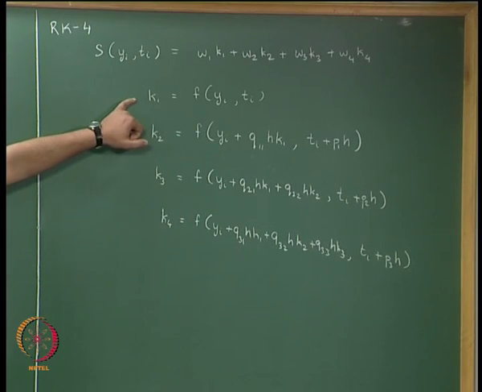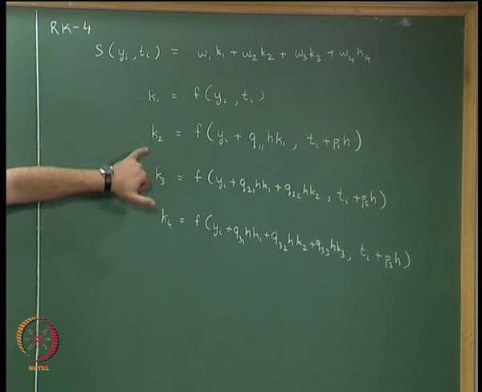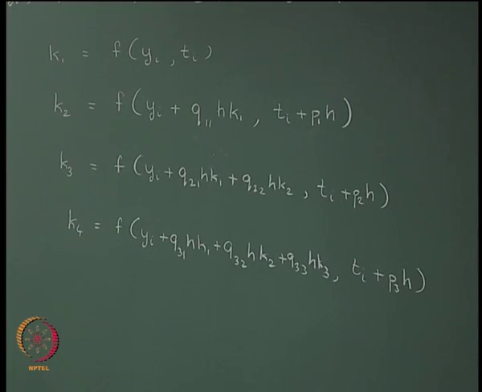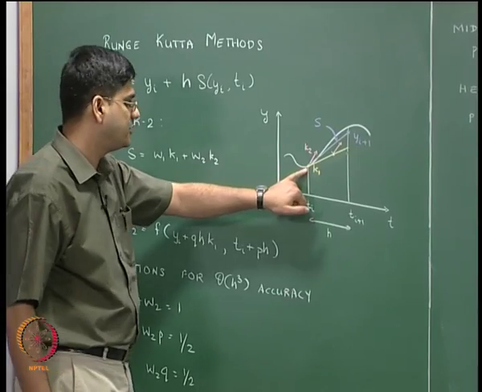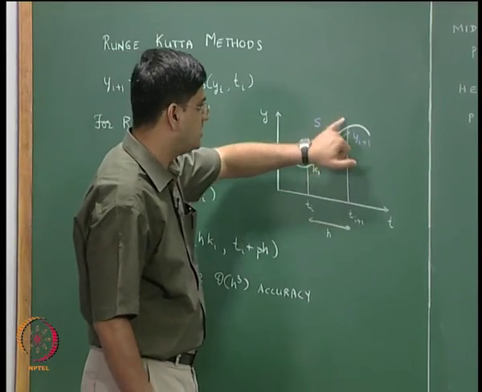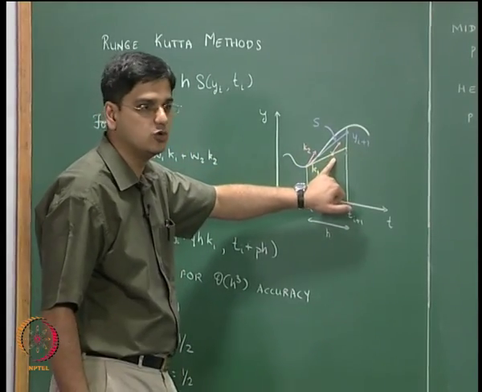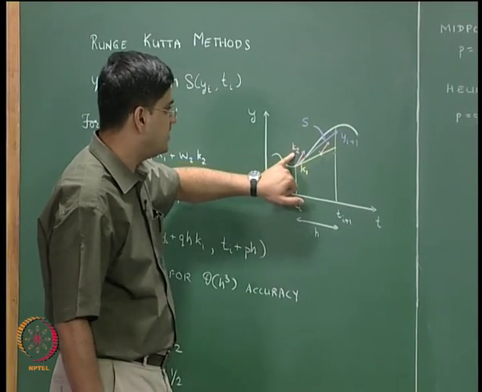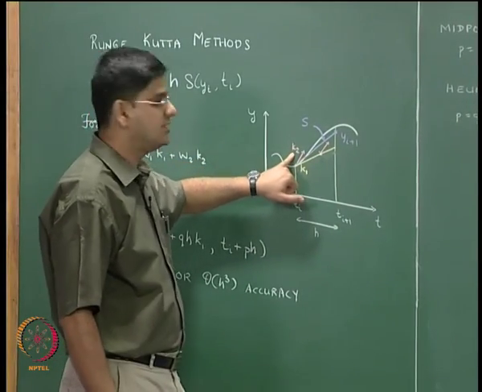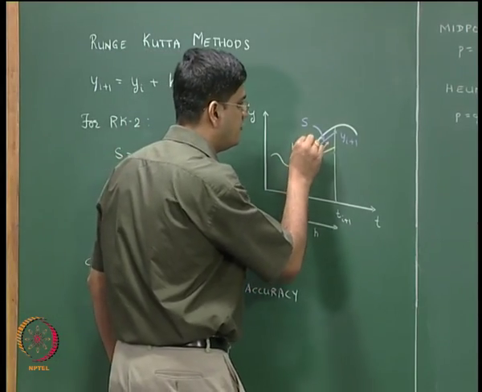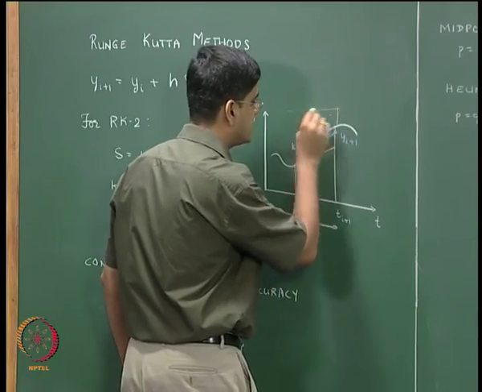So what we do is we compute slope at 4 different locations within Ti and Ti plus 1. If we go back to this particular figure that we have drawn, we will compute K1 at this particular point, then we choose an arbitrary point in this rectangle, find the slope K2. Based on the slope K1 and K2, we find another slope K3 at another arbitrary point, which will lie in this particular rectangle.